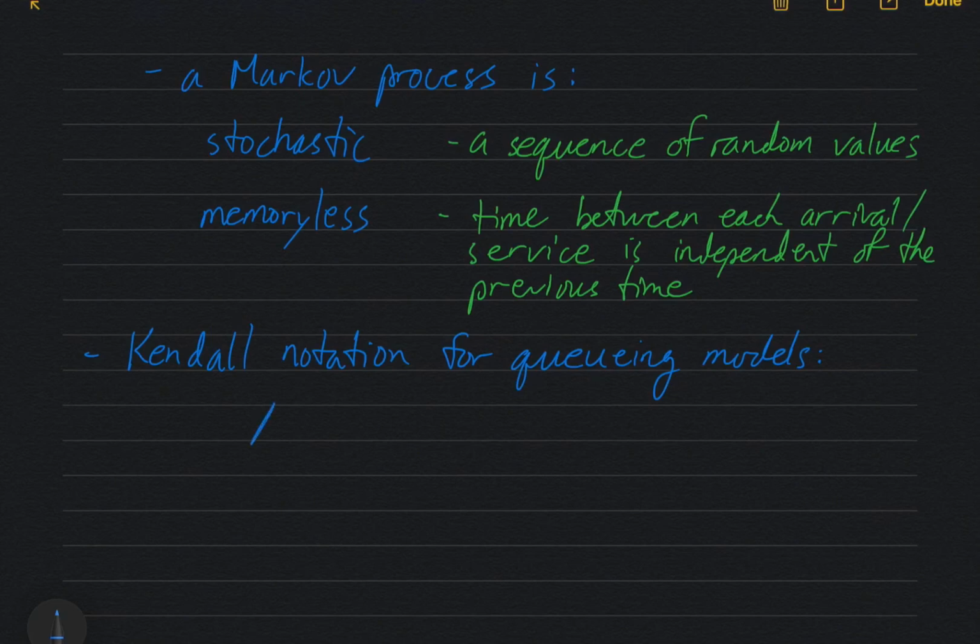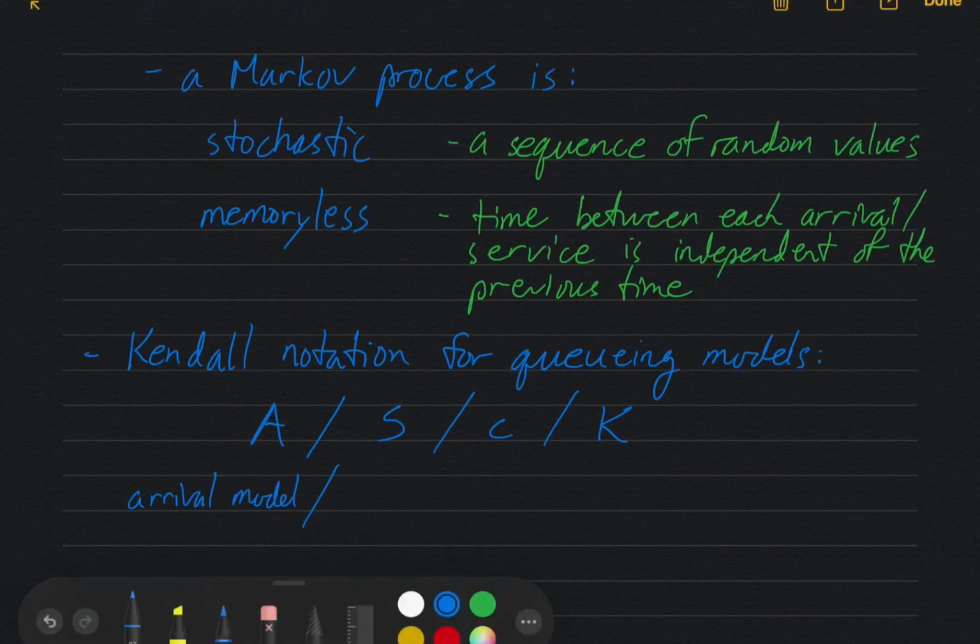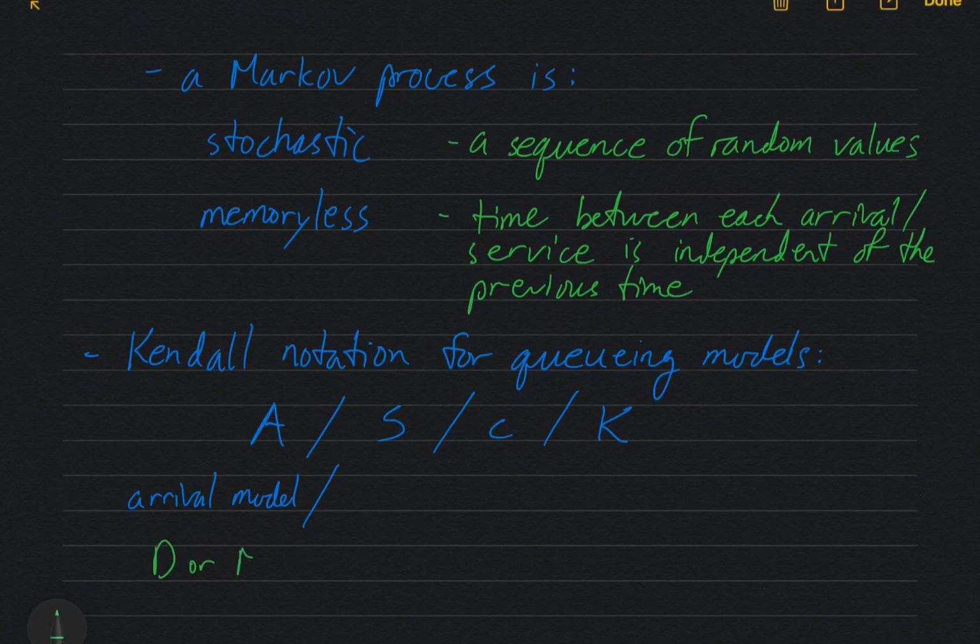So the notation is like this. It's got 4 parts. So A is the arrival model, and that is going to be either D or M. We're going to be looking primarily at Markov arrivals and Markov service times.